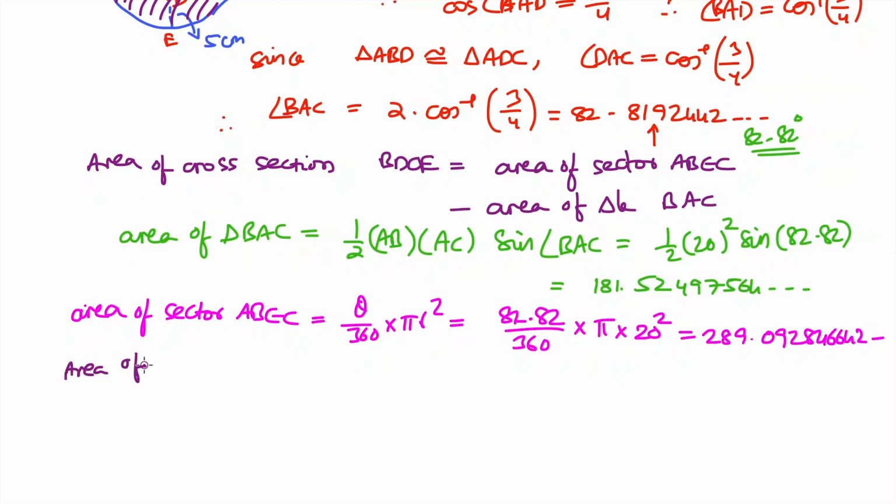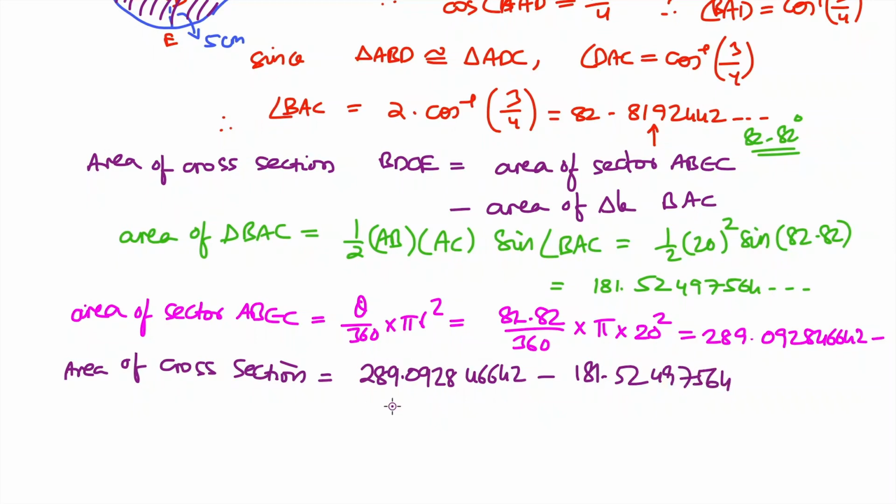So therefore area of cross section is equal to 289.0928466642 minus 181.52497564 and so on, and this will come out to be 90.6616048742 and so on.